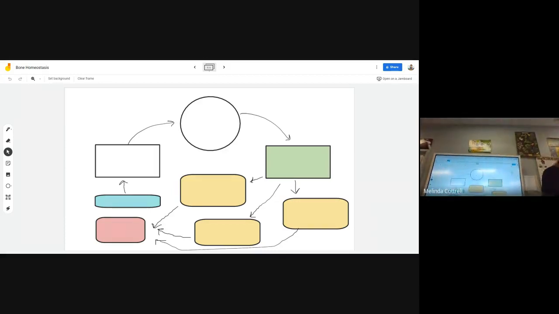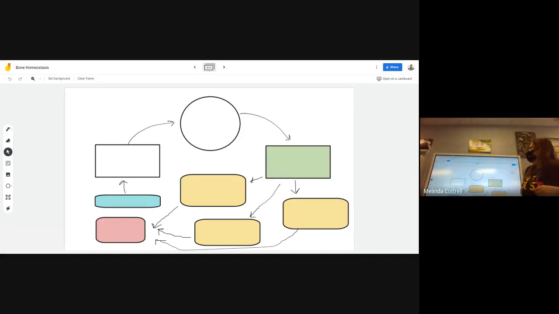So if you want to draw it, you can draw it, and I'm going to do it step by step. So just follow my steps, and yours can spread out a little bit better than this.